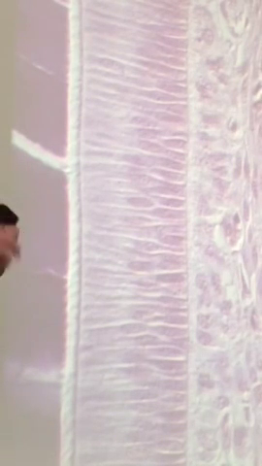They actually stick into them, but are artifactually pulled away during the processing of the tissue. Okay, and more of them right there. That's about as good as you're going to see them in the laboratory. Those are all Tomes processes right there, and the ameloblasts.